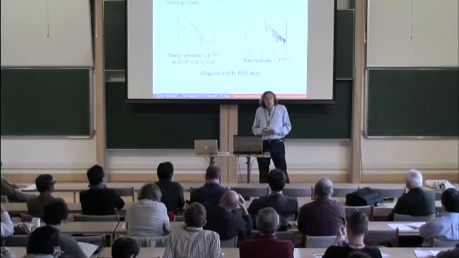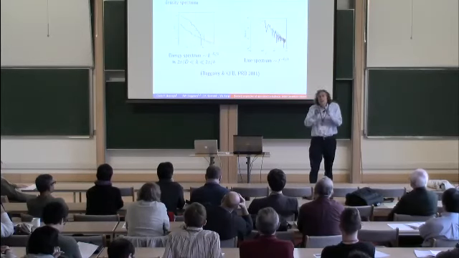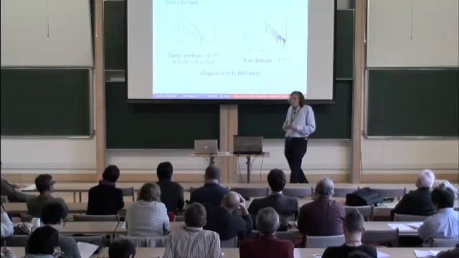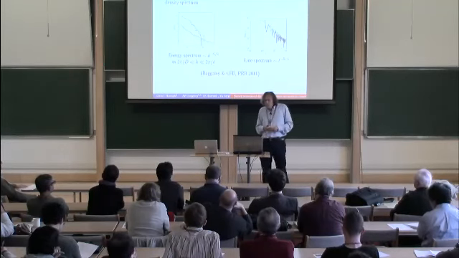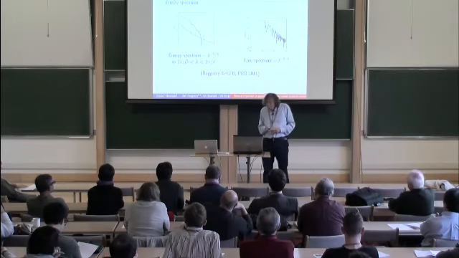At larger wave numbers, the spectrum is different. Clearly, we are zooming into the system. We're looking at details which are much smaller than the distance between vortices. We see straight vortices, so we tend to see k to the minus 1 spectra, which are typical of straight vortices.